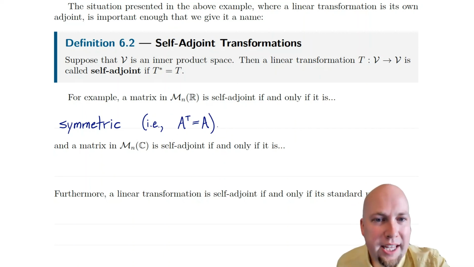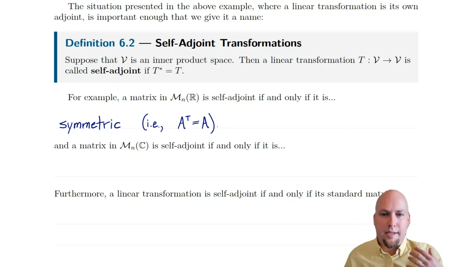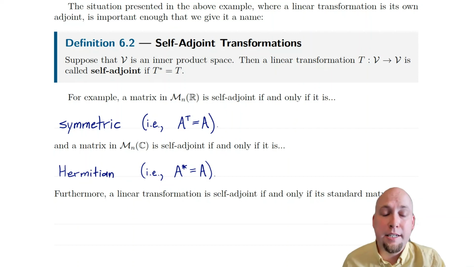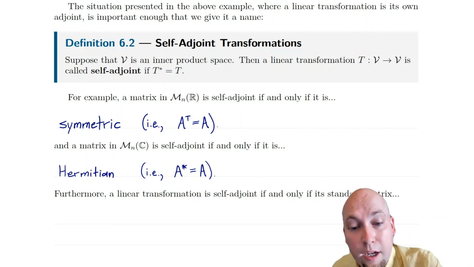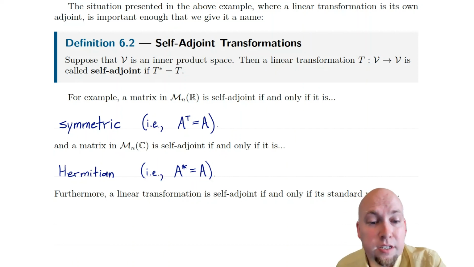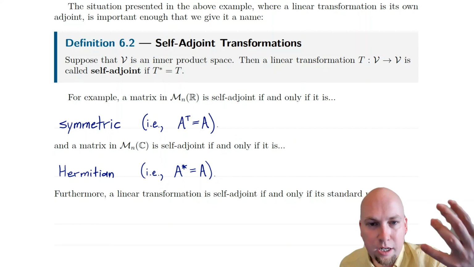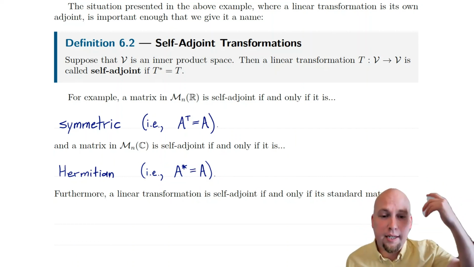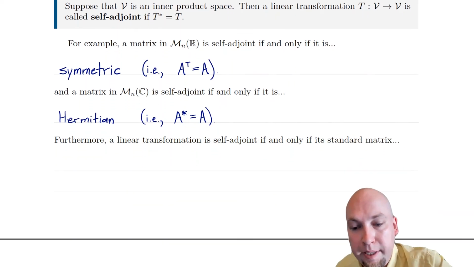If the adjoint equals itself, that just means the transpose equals itself, and we call those matrices symmetric. If we're working instead with complex matrices, a complex matrix is self-adjoint if and only if it's Hermitian. In other words, if and only if A star equals A. And again, A star, the adjoint, is the conjugate transpose. So if we want the adjoint to equal itself, we need the conjugate transpose to equal itself. And matrices with that property are called Hermitian.